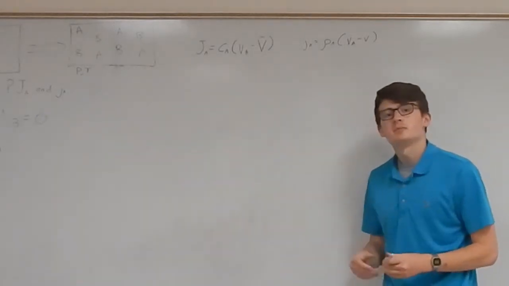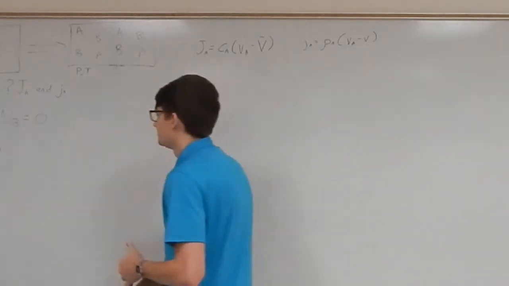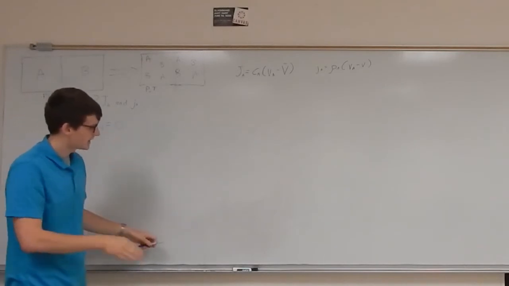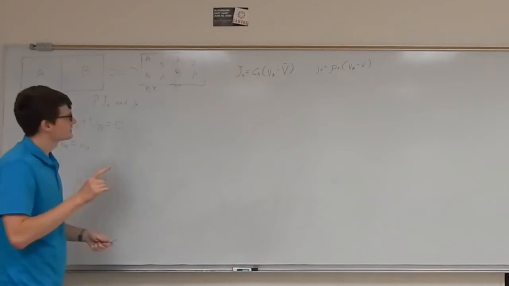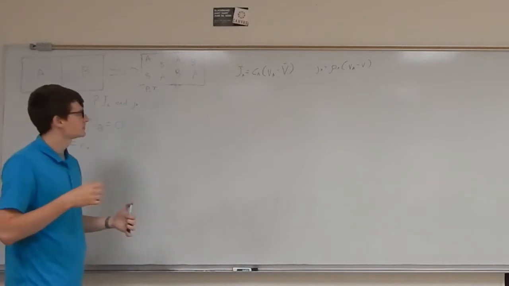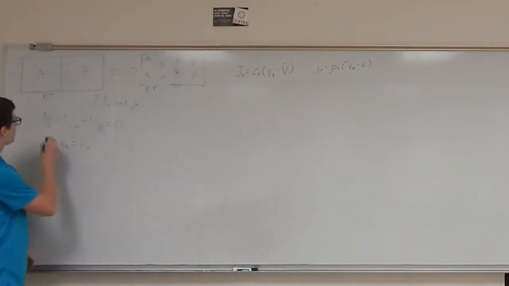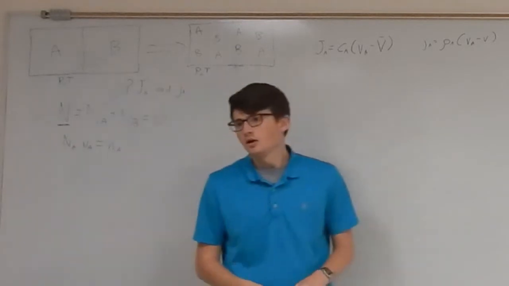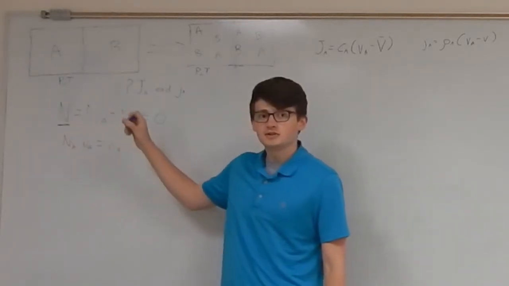We have to find a way to manipulate these so that they're the same. Maybe there's not really an intuitive way to do that immediately looking at this, but I think I can reduce one of these formulas to make it easier to merge them together. We know that the total molar flux is equal to 0.